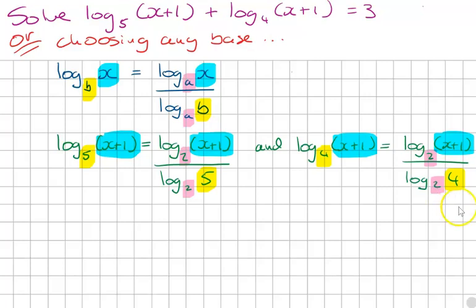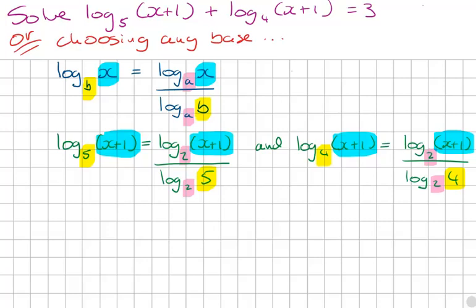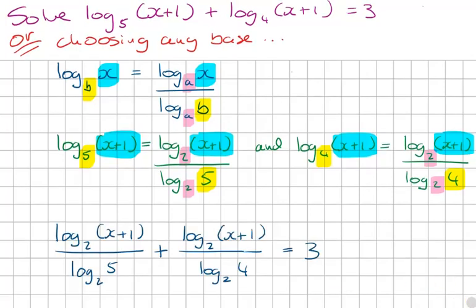I could have picked anything really. I just want to show an example where another number will work. It doesn't have to be 4 or 5. But again, this is longer, and I wouldn't advise you to do this. So log base 5 of x plus 1 becomes log base 2 of x plus 1 over log base 2 of 5, plus log base 4 of x plus 1 becomes log base 2 of x plus 1 over log base 2 of 4. And again, it's equal to 3.